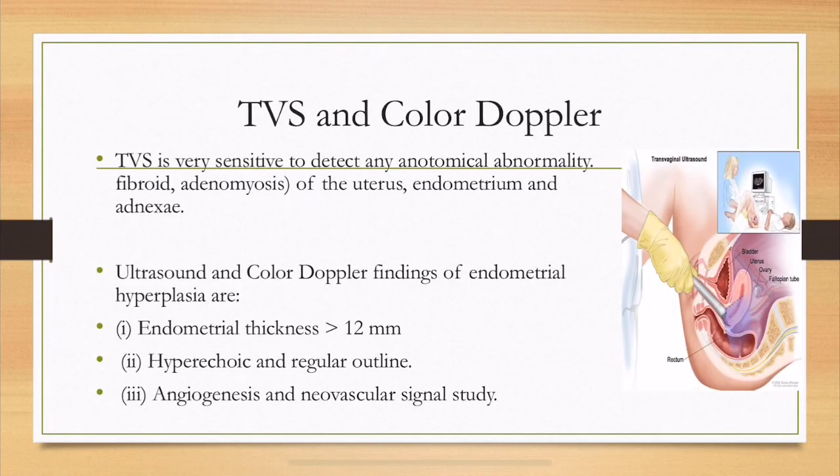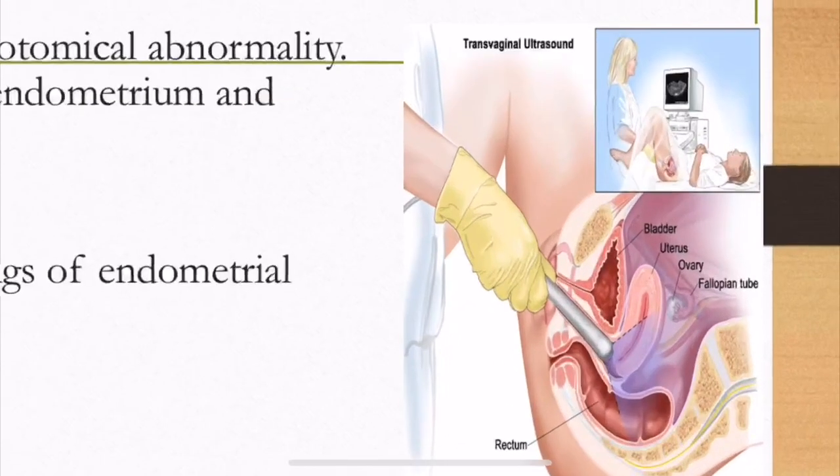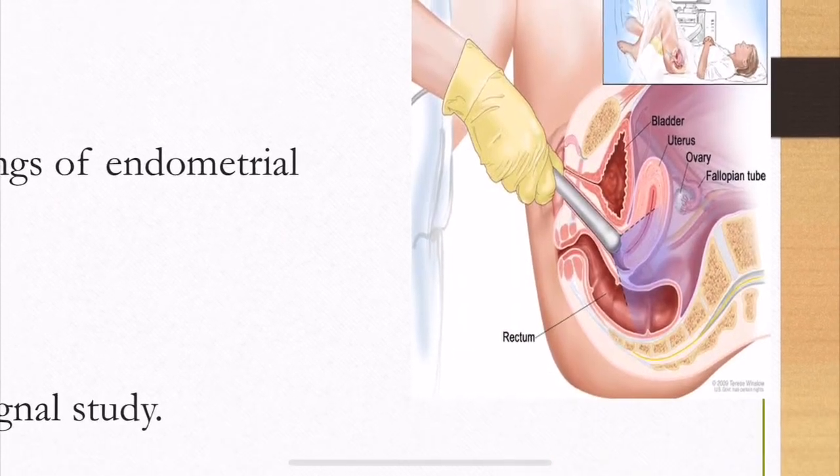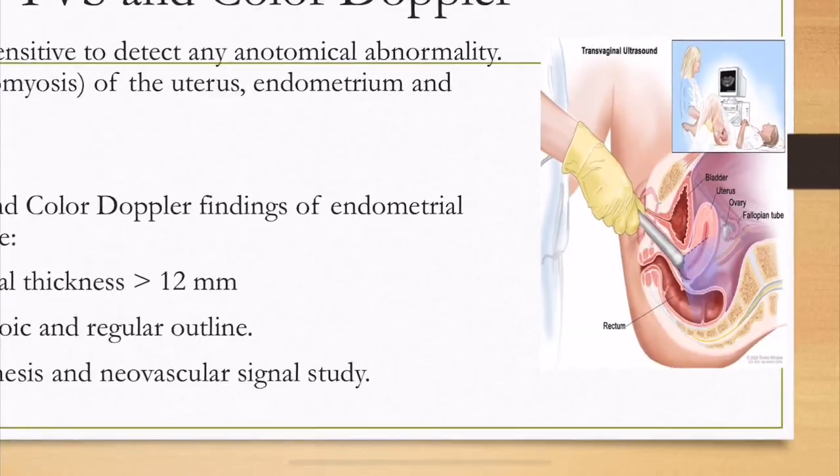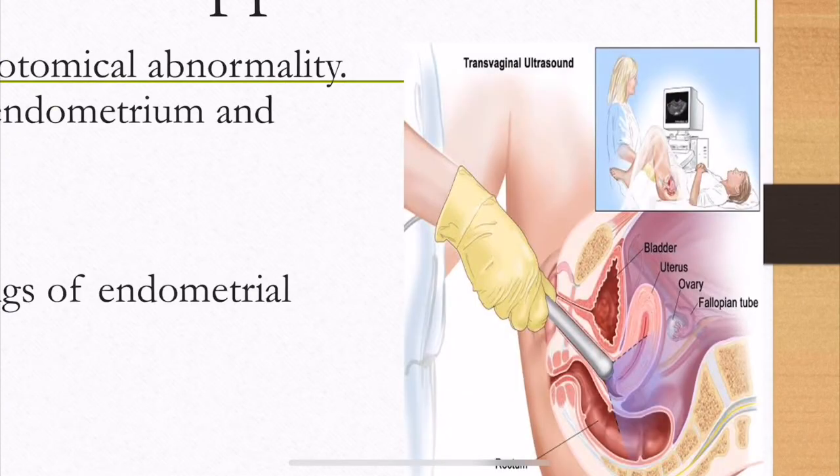Now the procedures: TVS, transvaginal sonography, and color Doppler. TVS is very sensitive to detect any anatomical abnormality. You can see they are going to do the transvaginal sonography here.